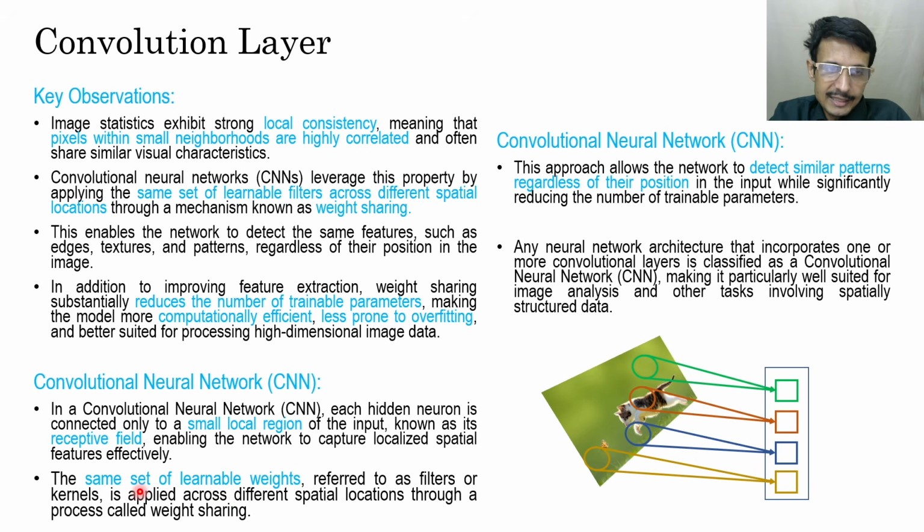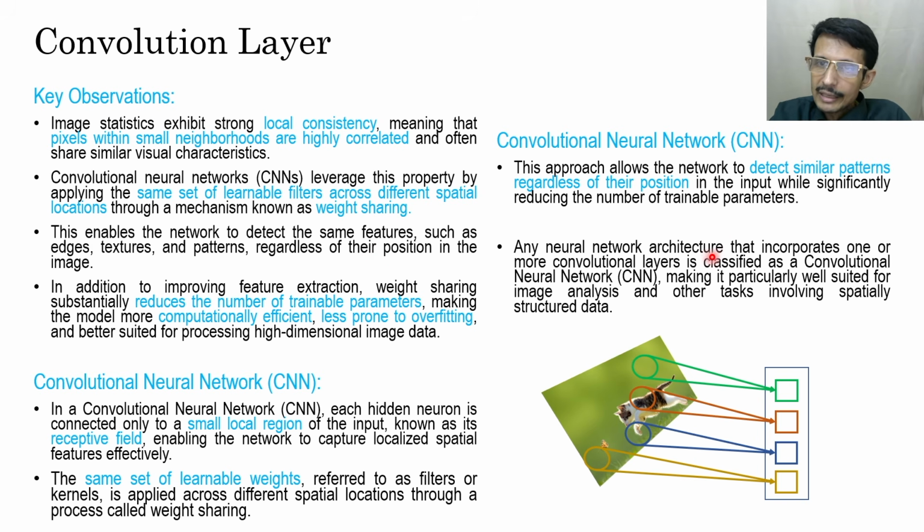Similarly, the same set of learnable weights with weight sharing is also used by CNN. So this approach detects similar patterns regardless of their location, as seen in normal image processing or computer vision tasks.